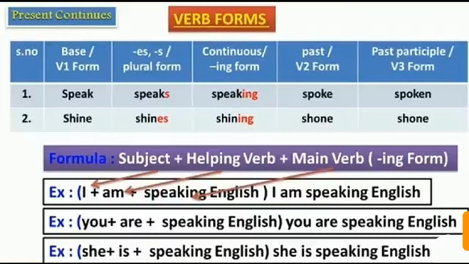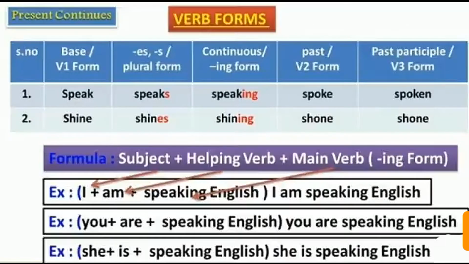In the same manner, I have taken another word, shine. The s form is shines, then the ing form is shining, then the second form is shone, and the third form of this verb is shone. So the formula of present continuous tense, as I told you earlier, is subject plus helping verb plus main verb plus ing form.